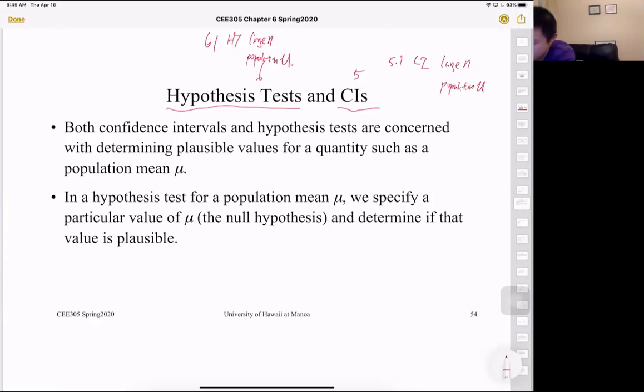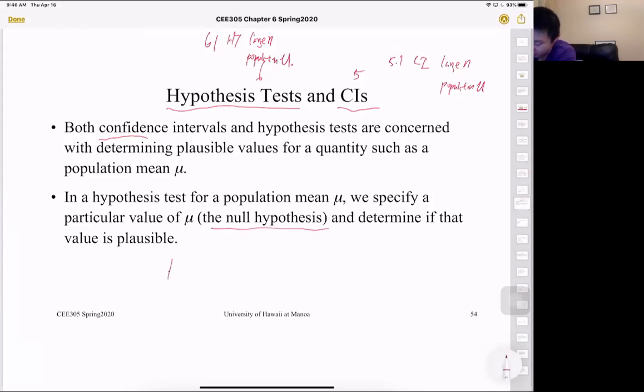Both confidence interval and hypothesis test are concerned with determining plausible values for population mean or other things, such as proportion or difference between proportions, as we discussed in different sections of chapter 5. Same thing here in chapter 6. For hypothesis test, we specify particular values, which is defined as H0, the null hypothesis.